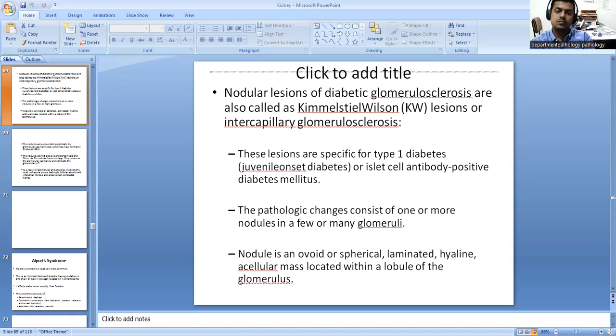Alport syndrome, very important. It is relatively more common. It is an X-linked dominant disorder having mutation in the alpha 5 chain of type 4 collagen, which is located on the X chromosome.